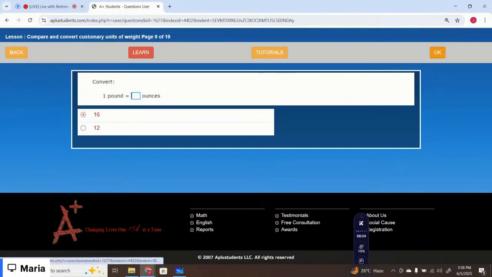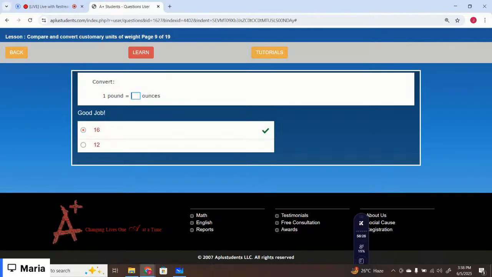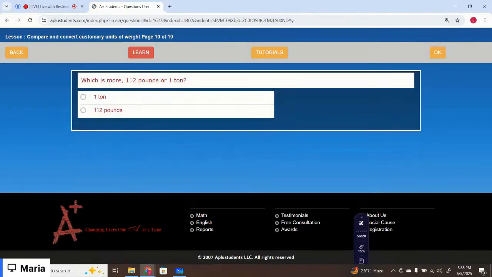Option number one is the correct option. Which is more, 112 pounds or 1 ton?